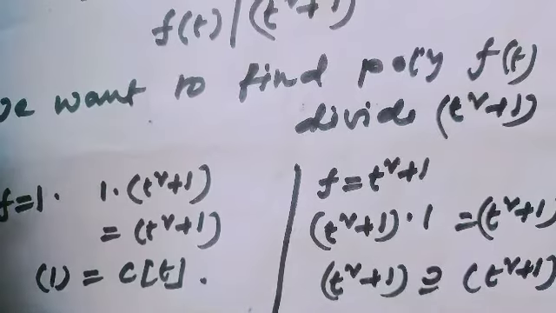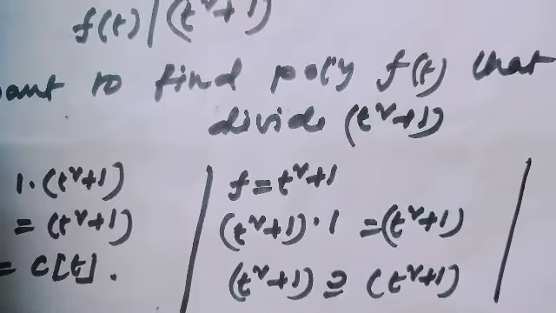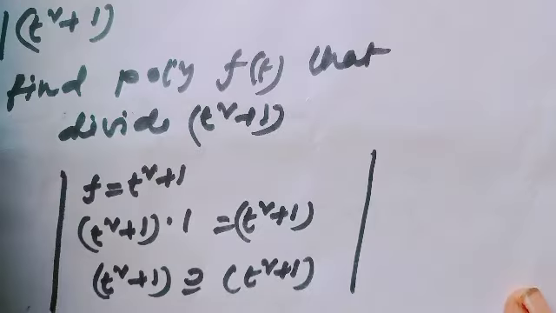This is obviously always true. So we have the whole ring, and t² + 1 contained in (t² + 1).